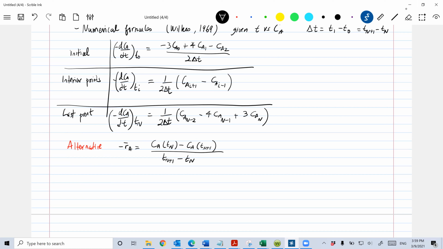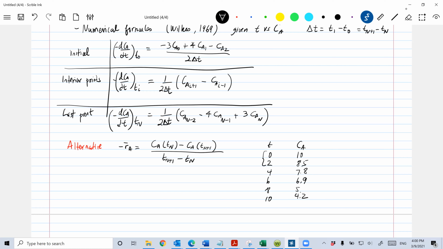If you have time and then concentration, you have 0 minutes, 2 minutes, 4 minutes, 6, 8, 10. And here you have some numbers, say at 0 it's 10, let's say micromolar or millimolar, and then 8.5, 7.8, 6.9, 5, 4.2. You can calculate an average rate, for example, between two points.